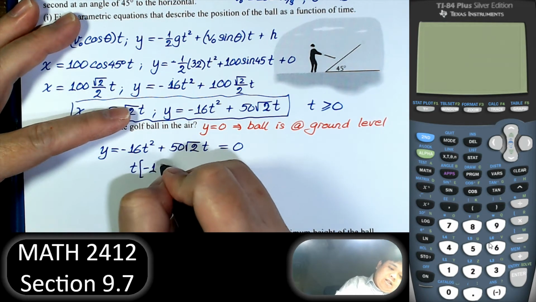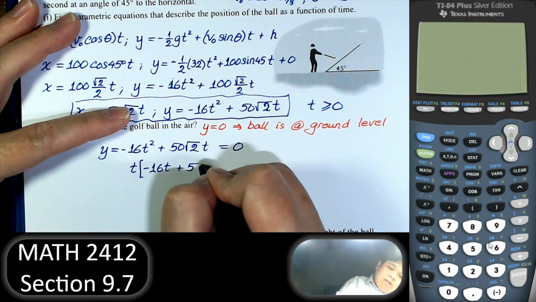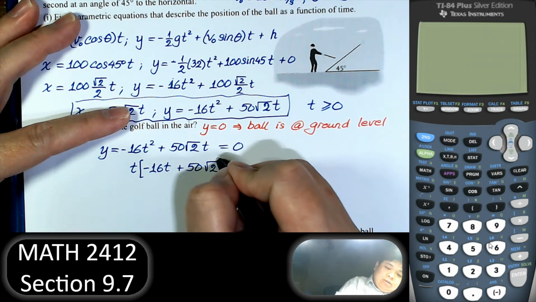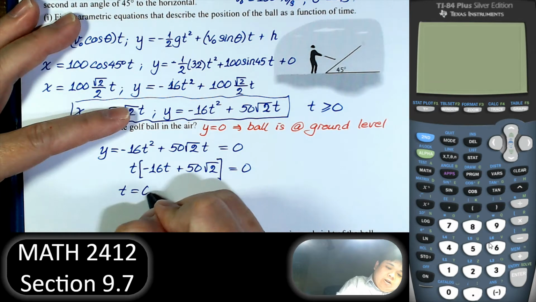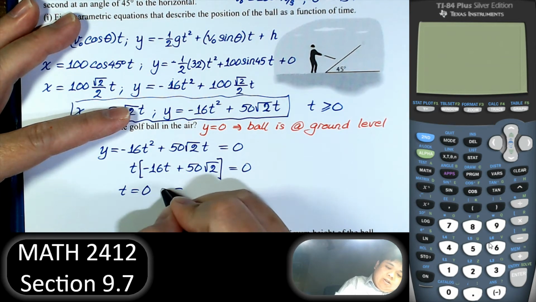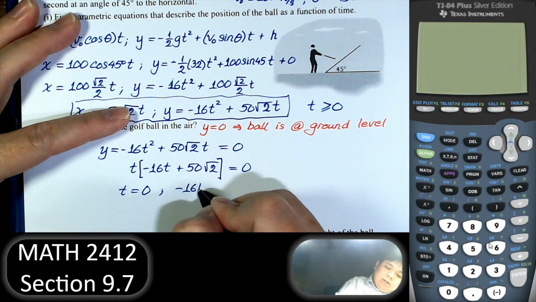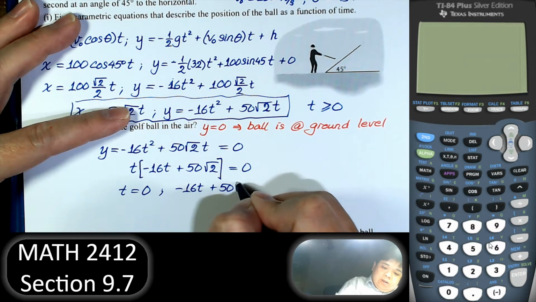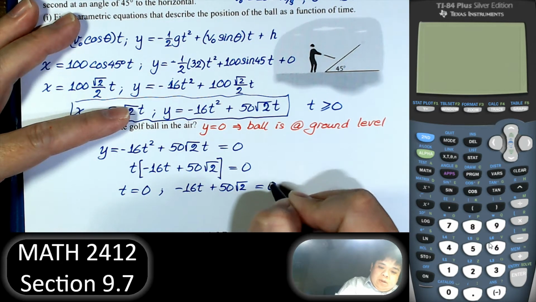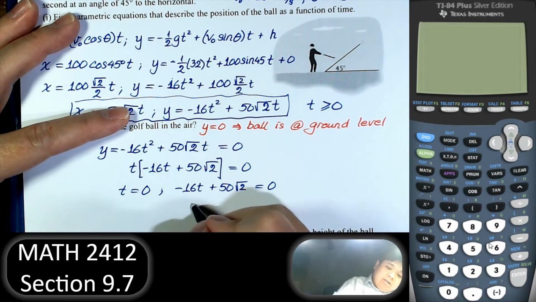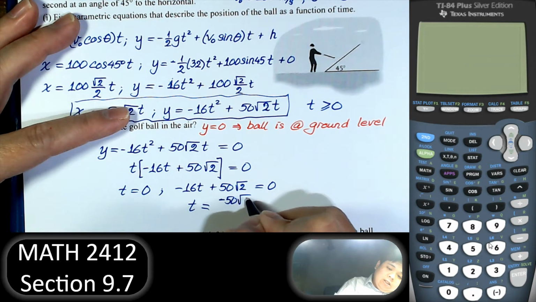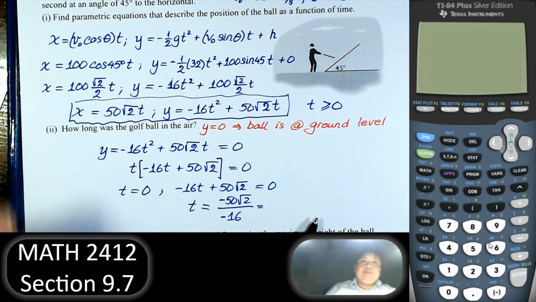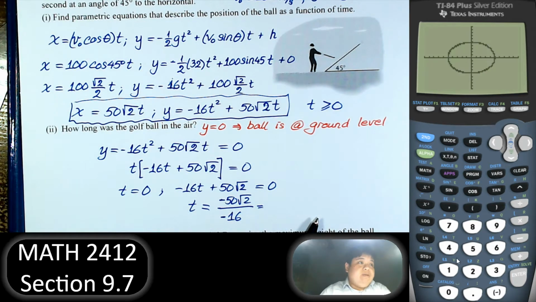We have negative 16t plus 50 square root of 2 equal to 0. So we have t equal to 0 or this equal to 0. Move that over, divide by negative 16.